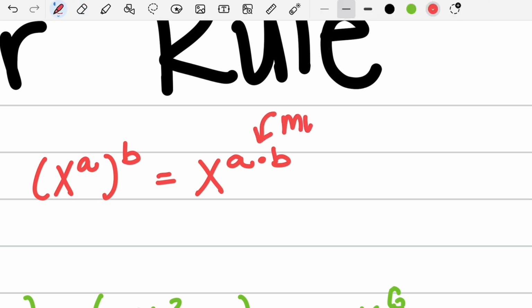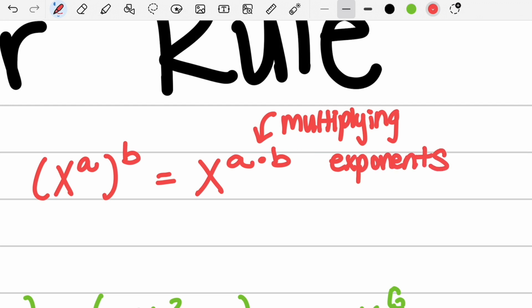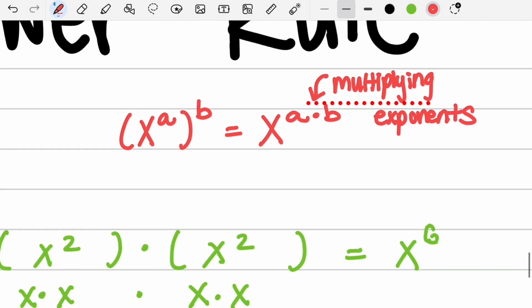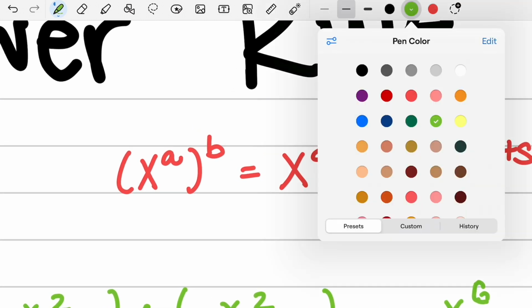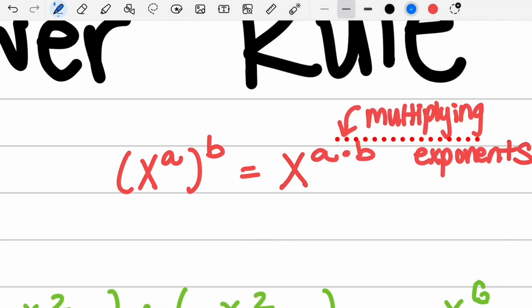We are multiplying our exponents, not to be confused with product rule, where we added our exponents. So it's slightly different. Let's see it side by side. I'm going to choose a different color. Here is my new power rule.